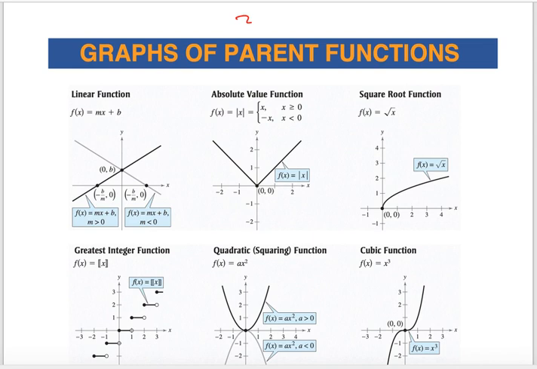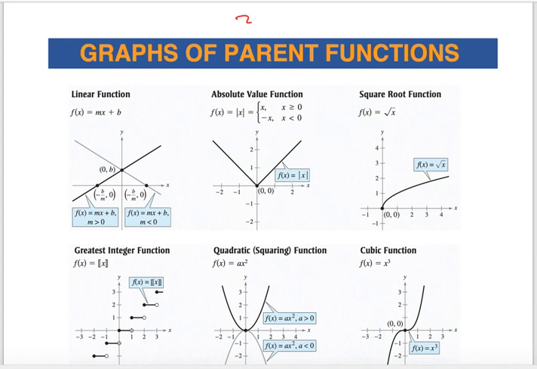Okay, let's go through the functions that we studied so far. Linear functions. Linear functions are rising from left to right, it's a straight line, or falling down from left to right. The basic parent function is f of x equals x. Absolute value parent function, it's a v-shaped function.